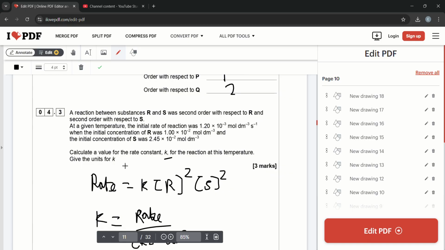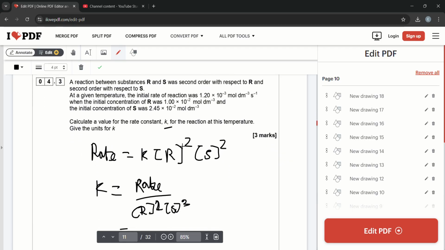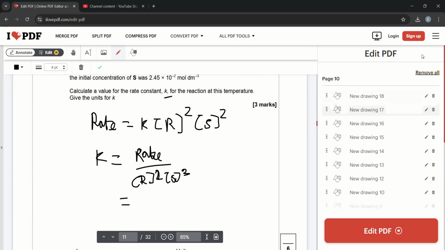We know that the initial rate of reaction was that. So we know the initial rate of reaction is 1.2.